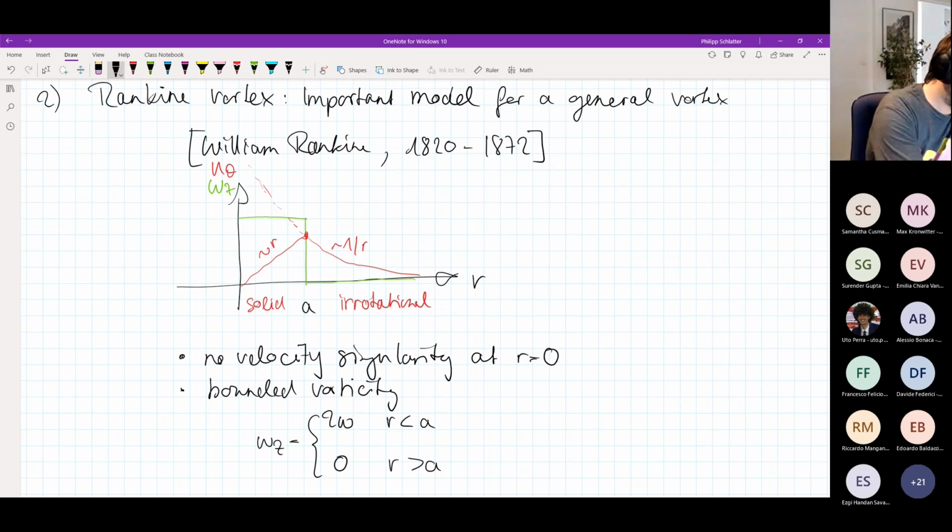Now, there's a factor of 2 here that I use. This is out of convention. It doesn't need to be like that, but this is a convention that we use here.